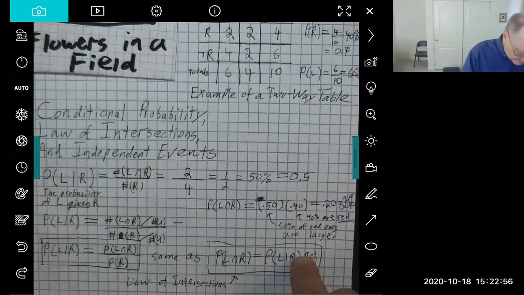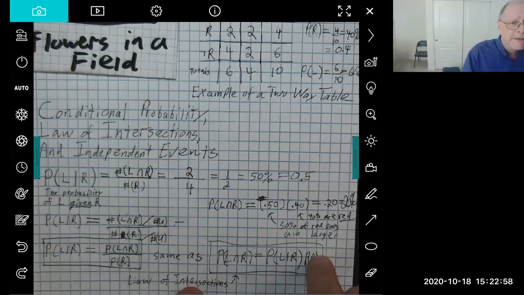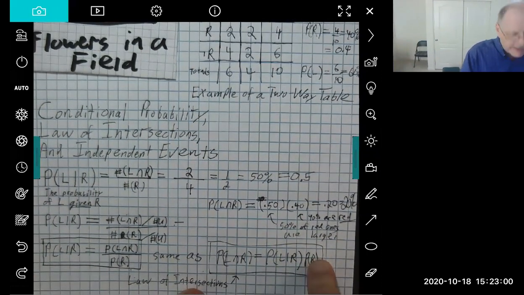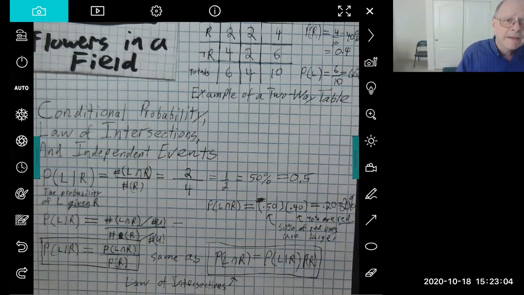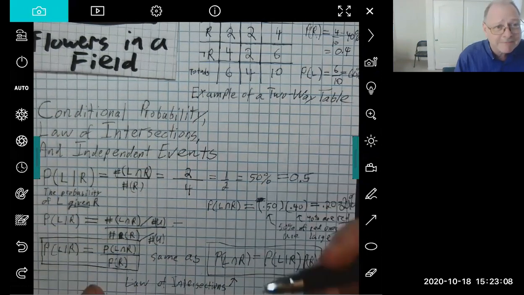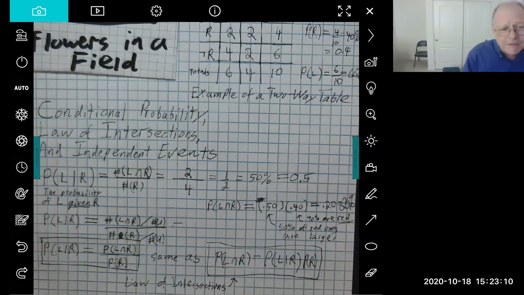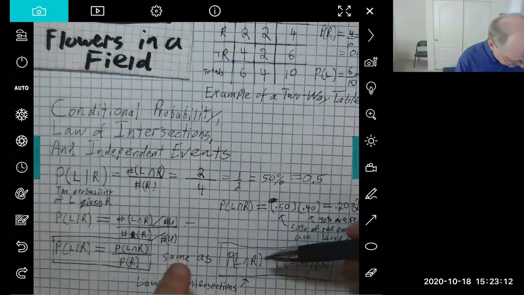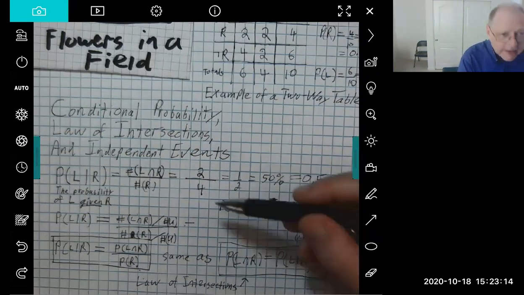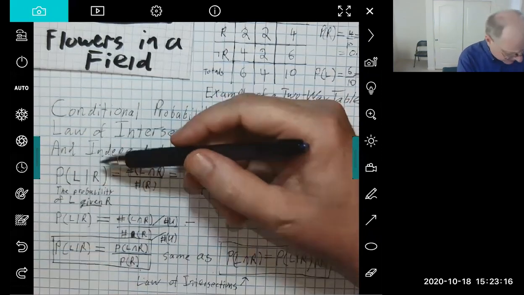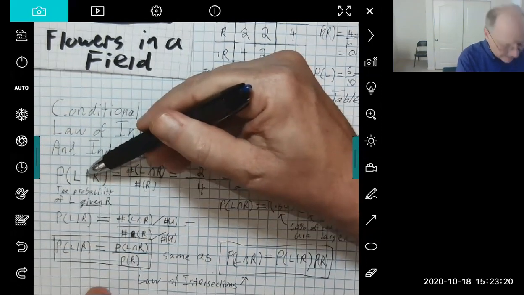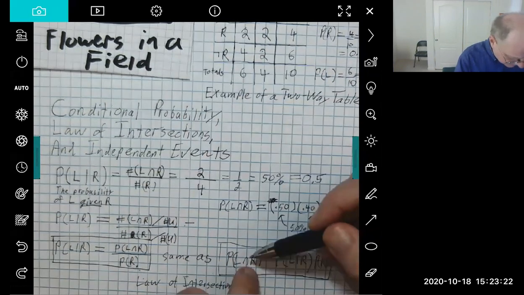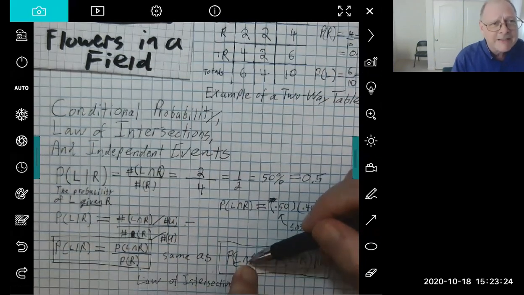What percent of the time does R happen? And then given that R happens, what percent of those times does L also happen? And that's how you get the probability of L and R both happening. So where people get confused is in a story problem, you get some given information, and sometimes there's trouble trying to tell, are they telling me L given R, or is it that they're telling me L intersect R?